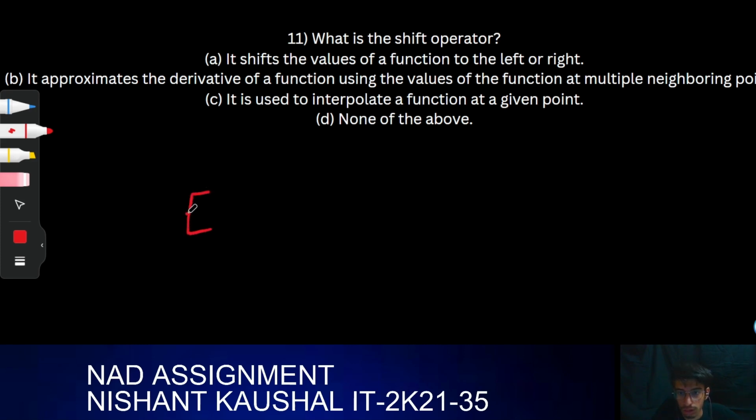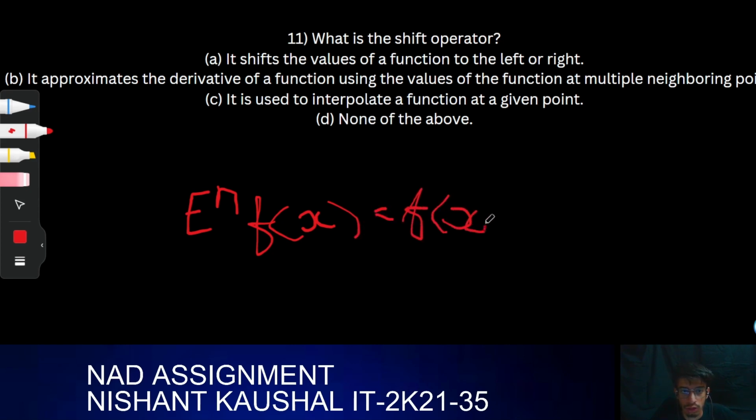Shift operator means E raised to the power n f(x) can be written as f(x plus nh), right? So what does it do? It shifts the value of a function right or left. So option A will be correct.